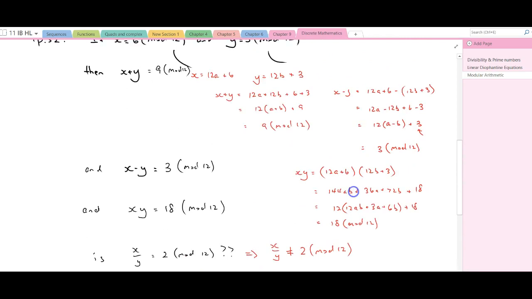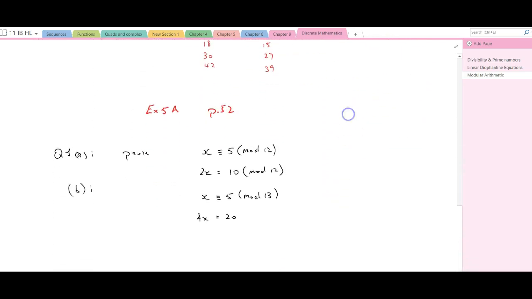Actually, maybe what we need to do then is have a look at if in this case, x is 5 mod 12, that means that x is equal to 12 times some integer a plus 5, and then 2x will equal 24a plus 10. So that's equal to 12 by 2a plus 10. So that's equal to 10 mod 12. And so you can see that's our result there.